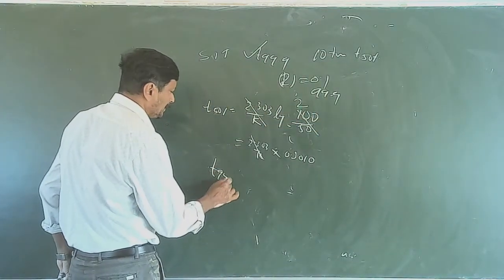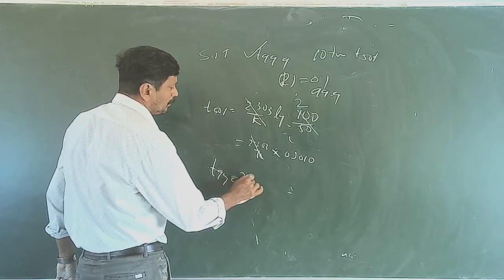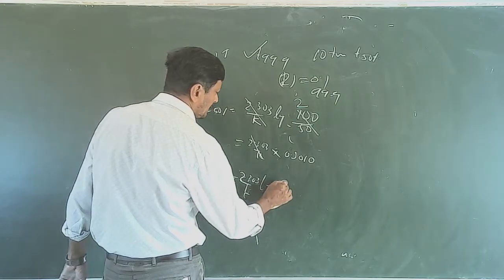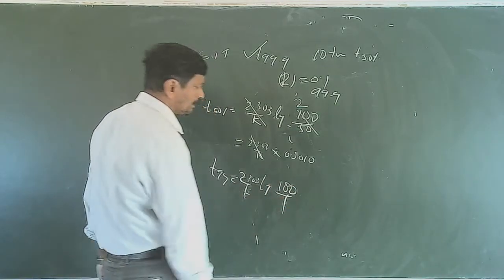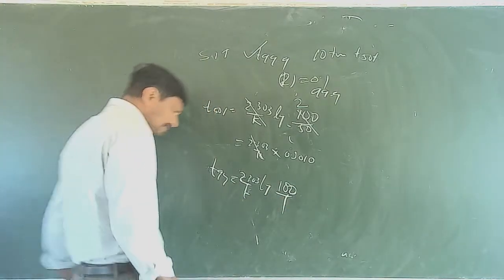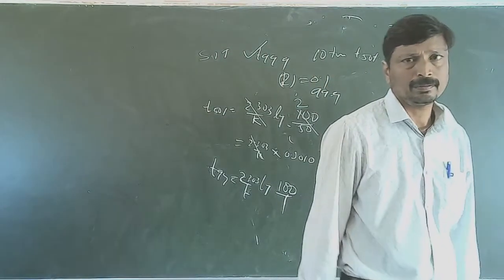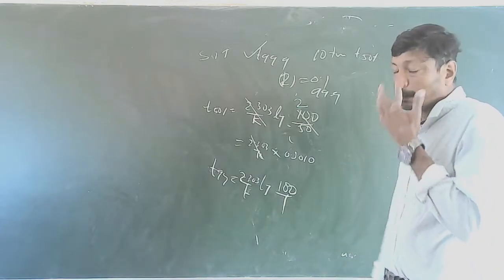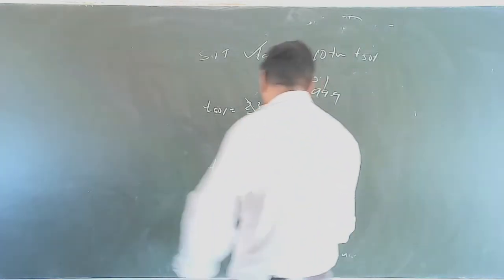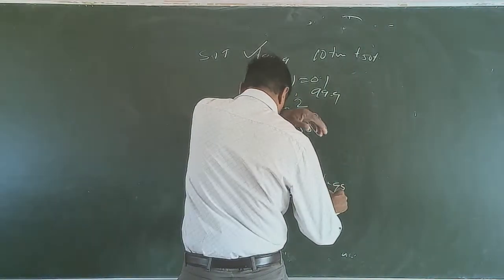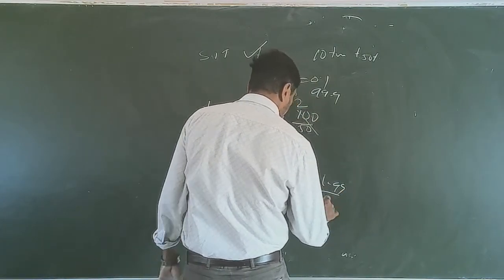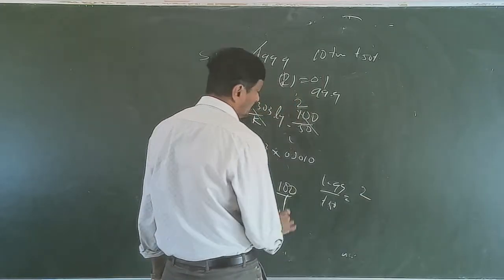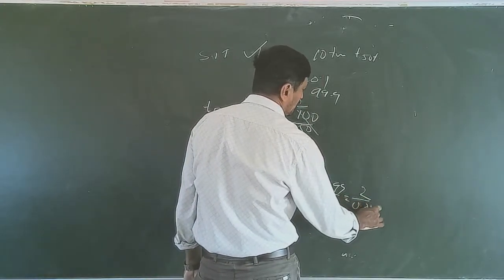T 99% is equal to 2.303 by K log of 100 divided by 1. 99% completion means R is equal to 1. So, log of 100 is equal to 2. T 99% divided by T 50% is equal to log of 100 divided by log of 2, which is 2 divided by 0.3010.